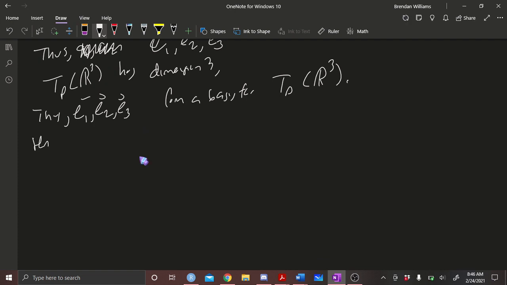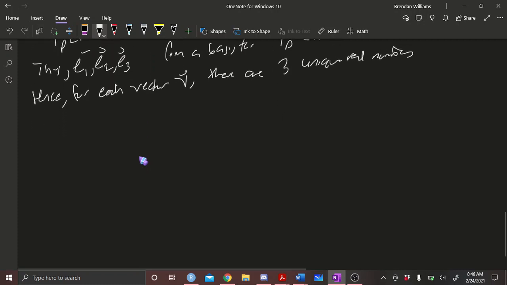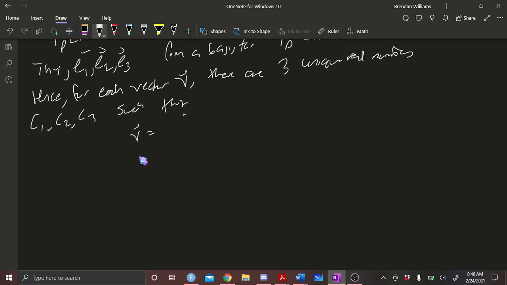Hence, for each vector v, there are three unique real numbers c1, c2, and c3 such that v is equal to sum c sub i e sub i.